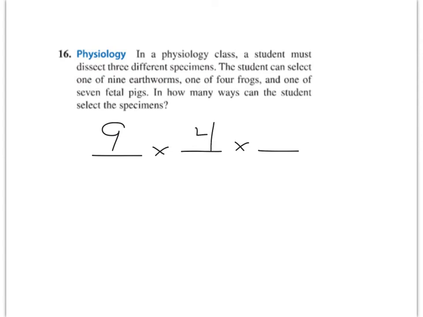Or I can choose one of 7 fetal pigs. So 9 times 4 times 7, actually I'm whipping out my calculator because I'm lazy. 9 times 4 times 7 is 252. 252 different possible combinations of dissections for this student.